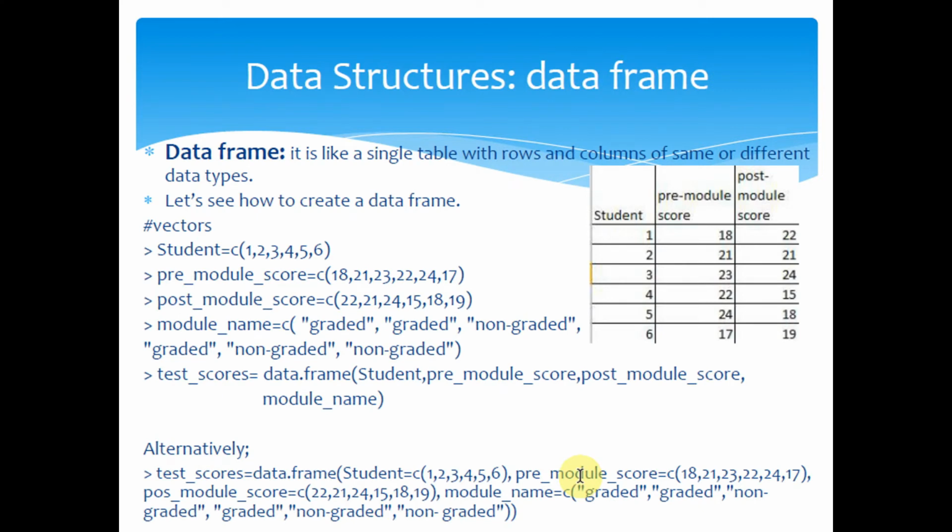The third most popular data structure is the data frame, where values of the same or different data types are stored in a single table of rows and columns. To create a data frame from scratch, use the factors, or directly convert a data file into a data frame.